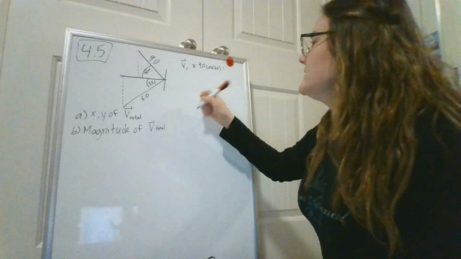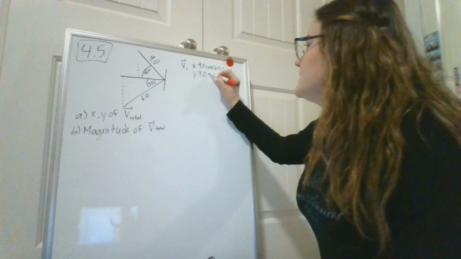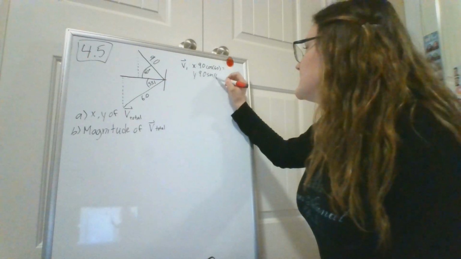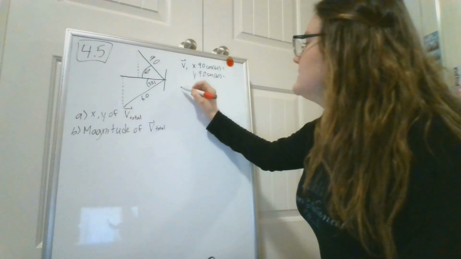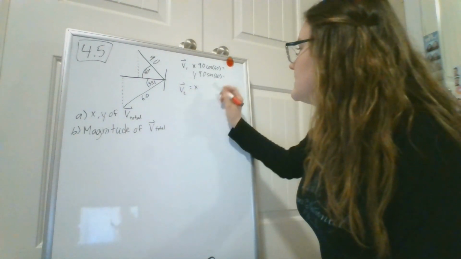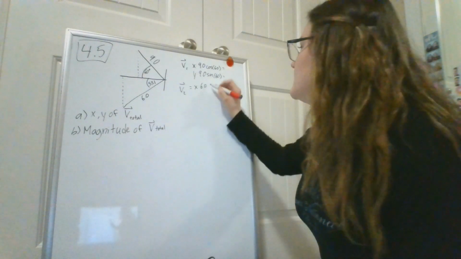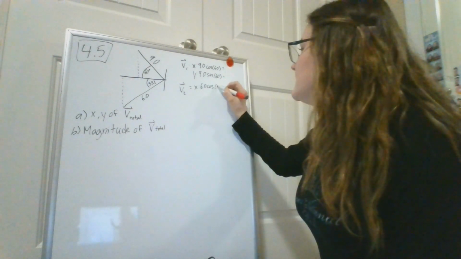Okay, then to do the y component, it's going to be similar. This time it's going to be 9.0 sine of 60. And for the second vector, we're going to have x is equal to the hypotenuse times cosine of the angle again.